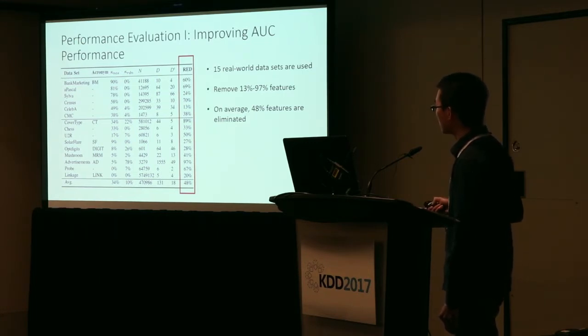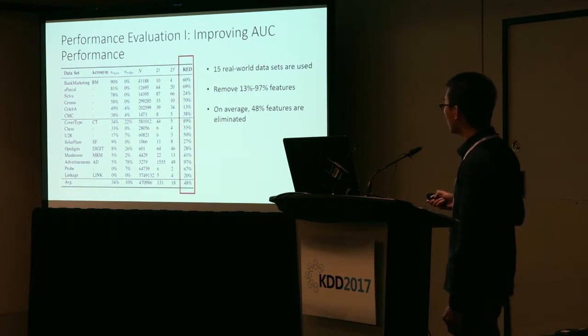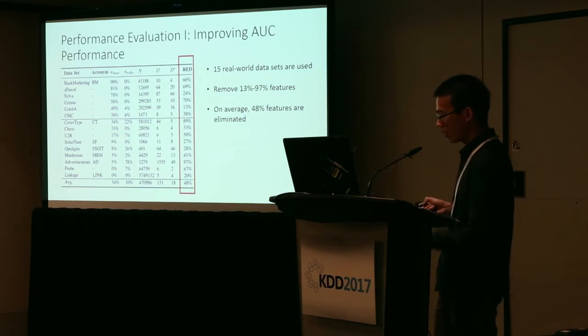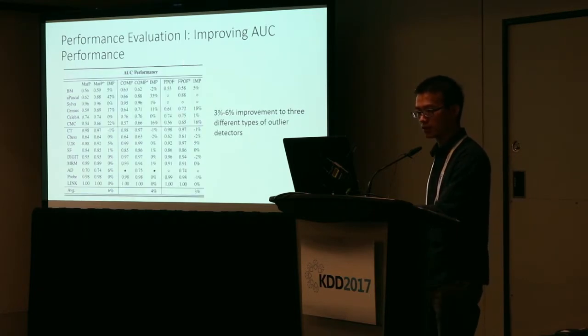This is the redundancy indicator: the larger the value here, the more redundant the dataset. This shows the size, the dimensionality, and D prime, the number of features our method retained. You can see this is the reduction rate, which means we remove a very large percentage of features. On average, it removes about 50% of features.